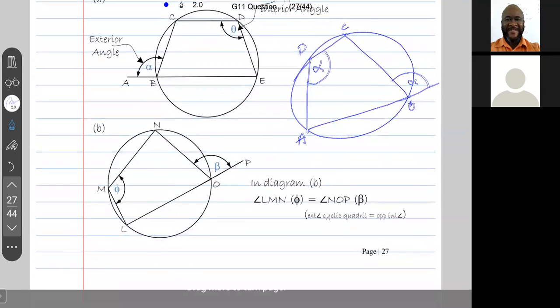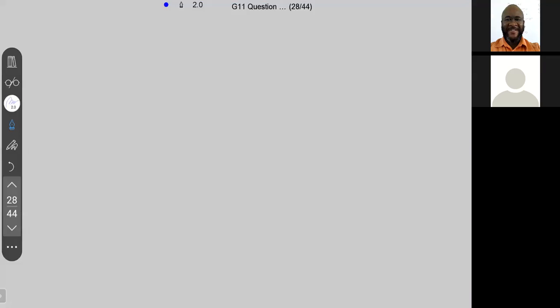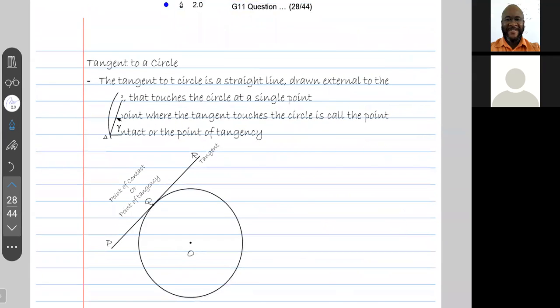Ladies, gentlemen, let's talk about the tangent to a circle. Now this says the tangent to a circle is a straight line drawn external to the circle that touches the circle at a single point.